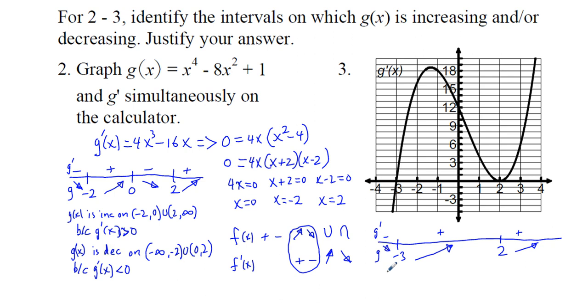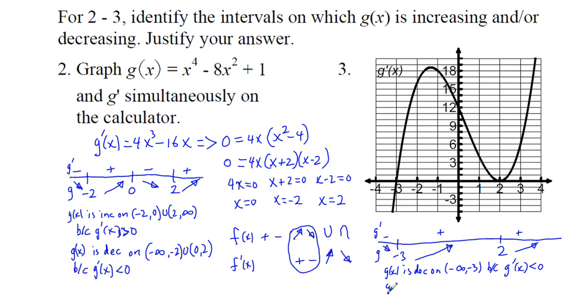So we say g of x is decreasing on the interval -infinity, we don't see how far it goes, to -3, because g prime of x is less than 0.